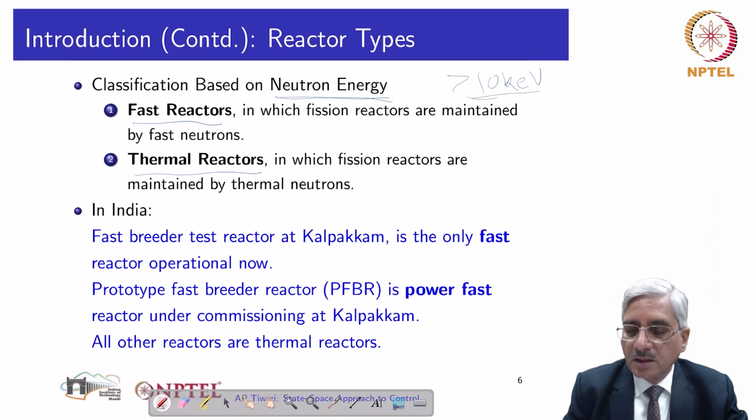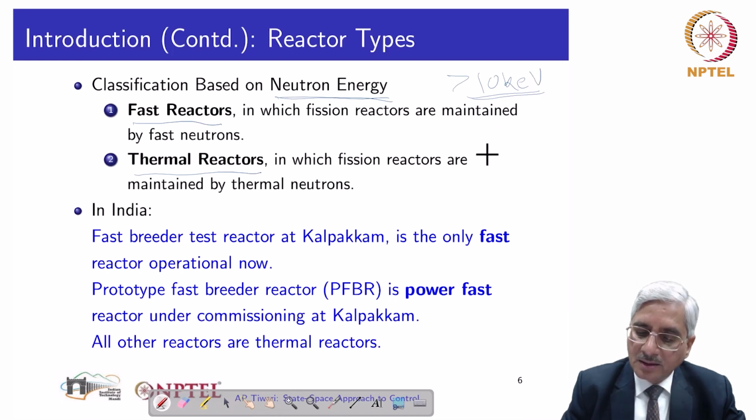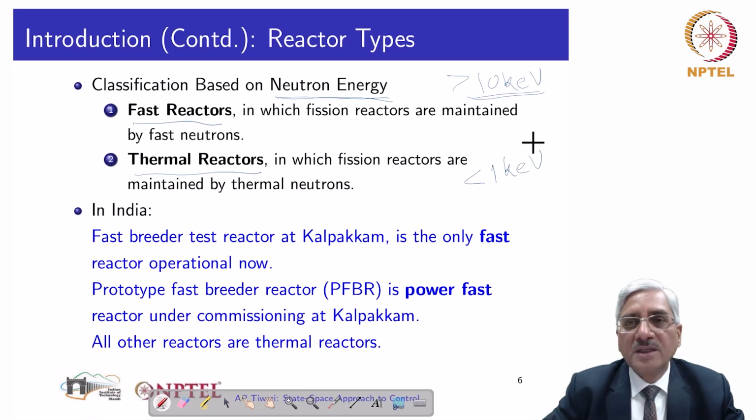These neutrons cause fission, and in thermal reactors, the low energy neutrons or the thermal neutrons cause fission. Their energy is less than 1 keV. In fact, many of them are in the 100 eV range.